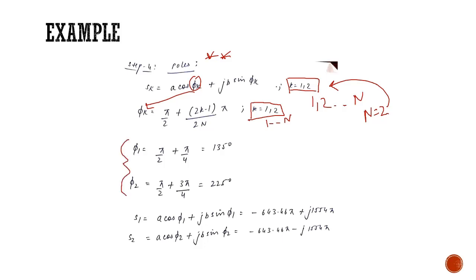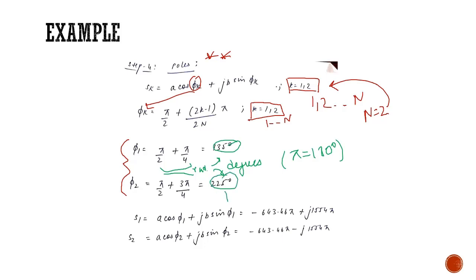These values are given in radians. We convert these to degrees. It's a pretty simple conversion rate. Pi is 180 degrees. So we get our values in degrees.